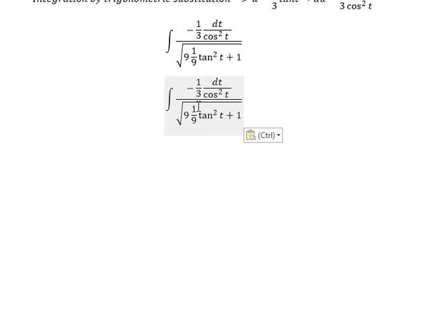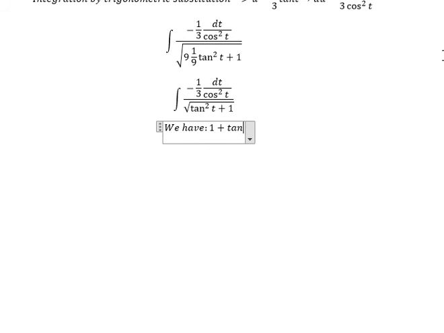9 multiplied with 1 over 9, you will get number 1. And now we have the formula 1 plus tan t square equal to 1 over cosine t square.